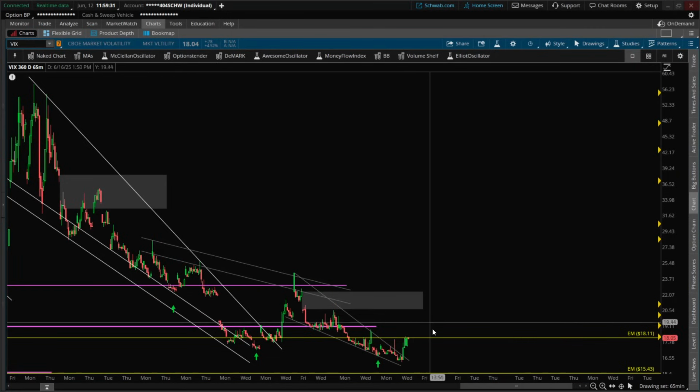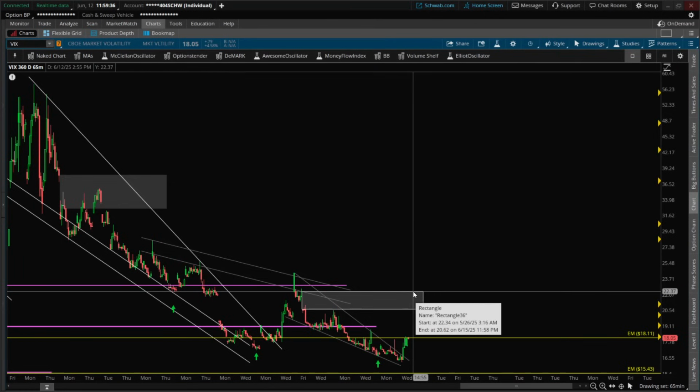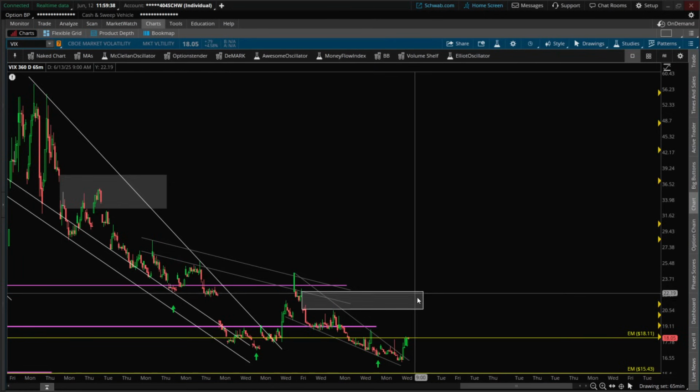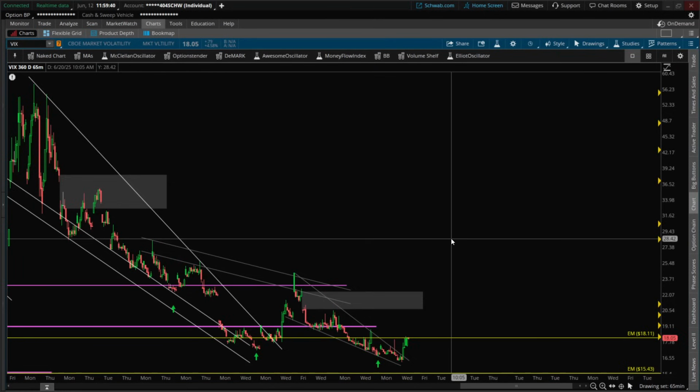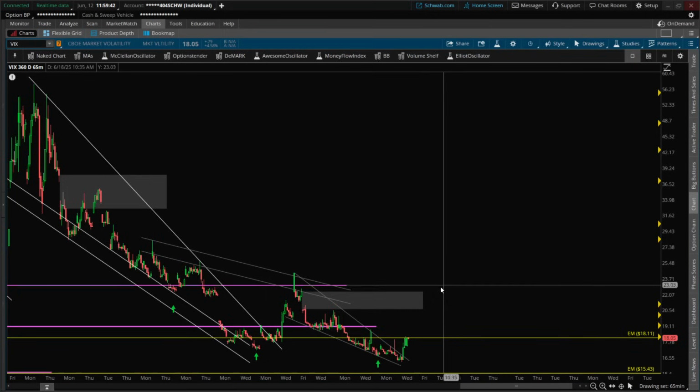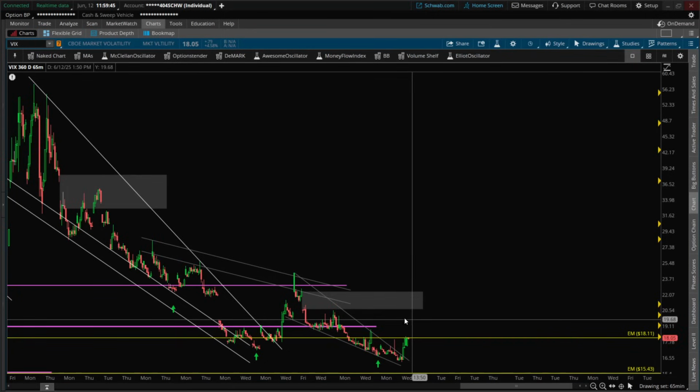Do we close the gap and then come back? That would be wave 1 to the downside for the market, and then we pull back, and we still have to see market structure form on the VIX here.